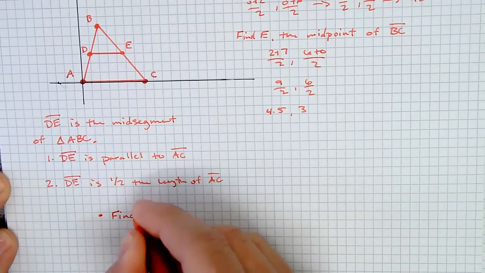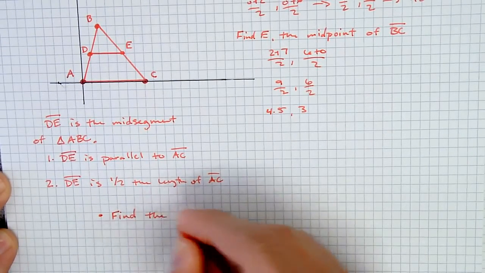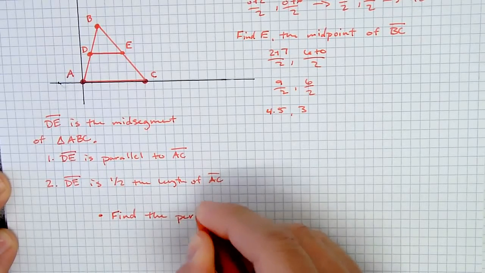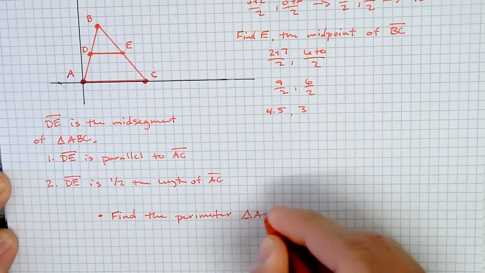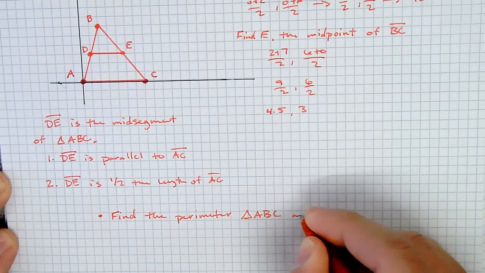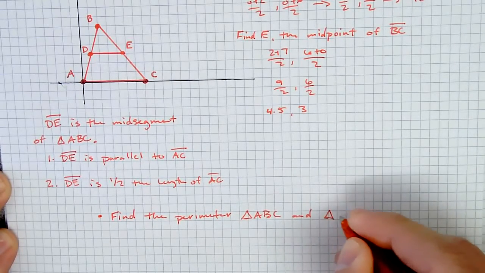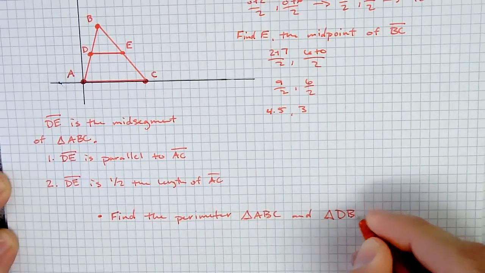All right, so 2 things I want you to do. First off, find the perimeter of triangle ABC and triangle DBE.